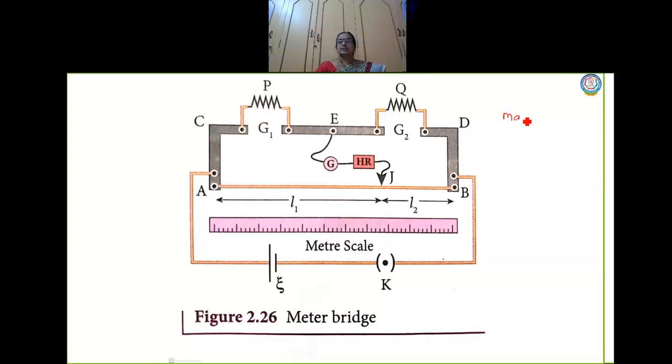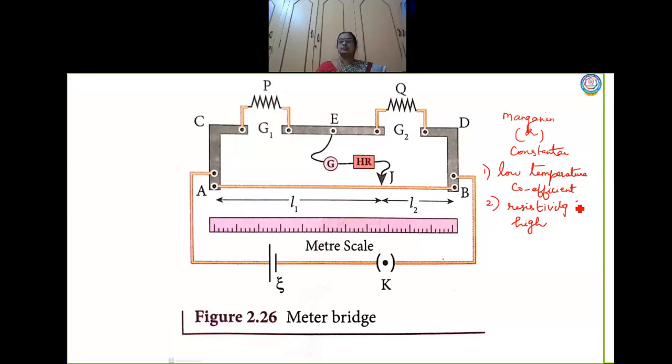It is a uniform manganese wire, and you should remember that this wire should have a low temperature coefficient, which means low alpha, and the resistivity of the wire should be high.